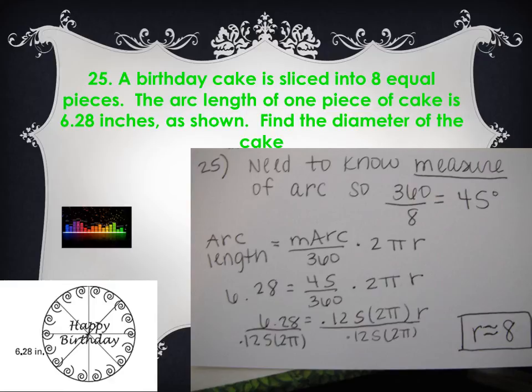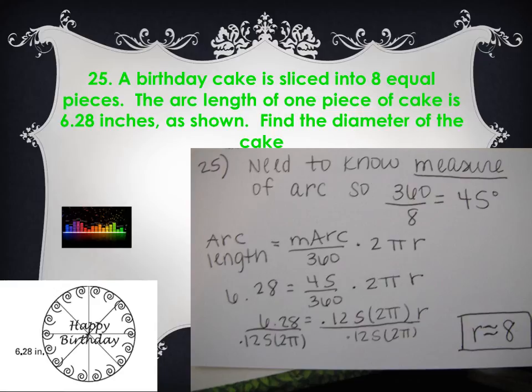If I fill in what I know for my arc length, I'm still missing the measure of the arc. My problem did not tell me what the measure of the arc was. But what it does tell me is that I have 8 equal pieces, meaning that my entire circle is split up into 8 equal pieces.